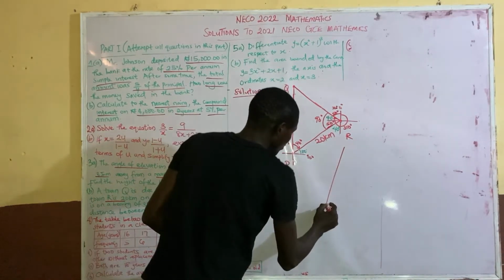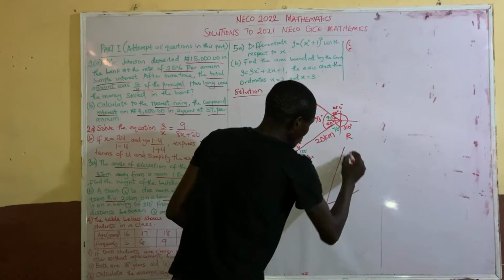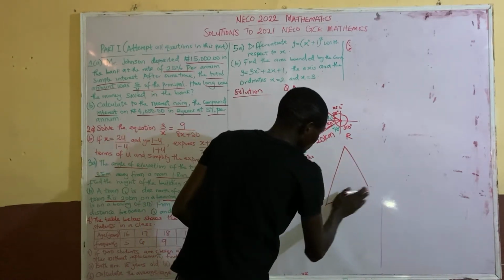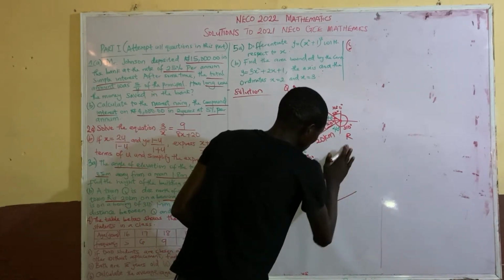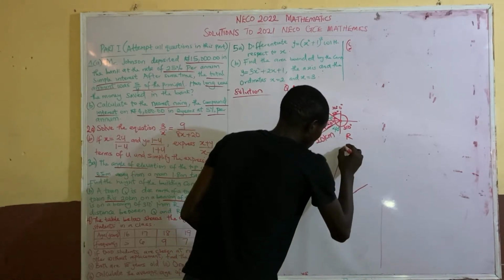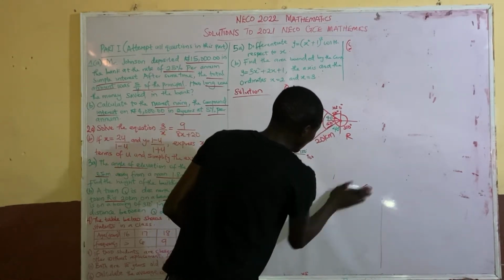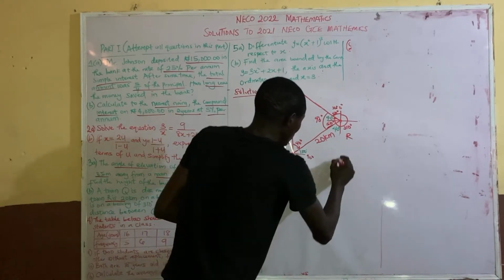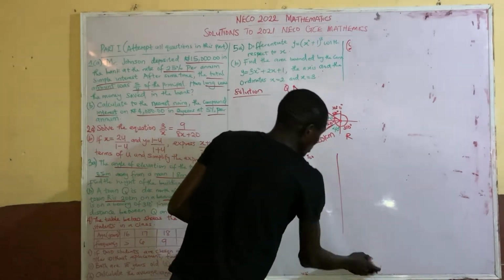So if I want to draw this in another way, don't forget it is due north, so this due north is going to be straight upward.